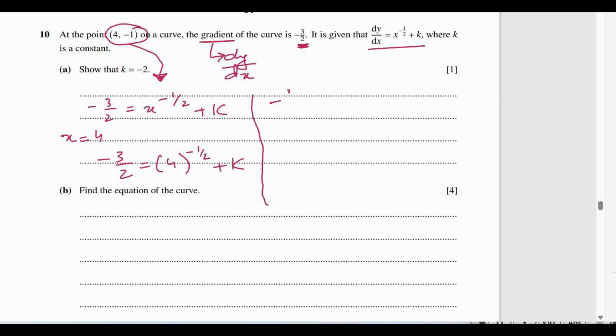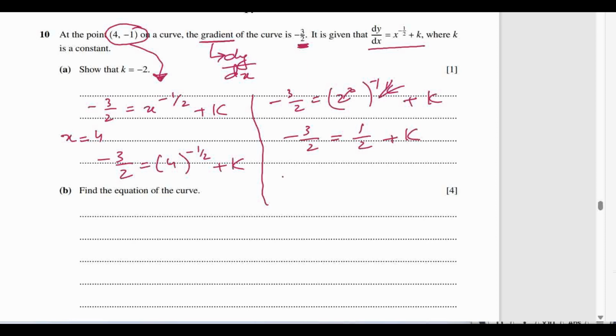So minus 3 by 2 is equal to 2 square whole power minus 1 by 2 plus k. We can cancel out these two. So this will be equal to minus 3 by 2 is equal to 1 by 2 plus k.